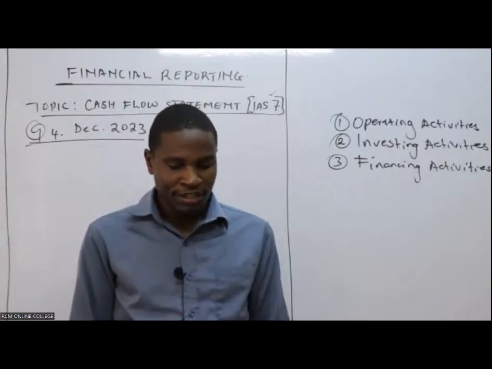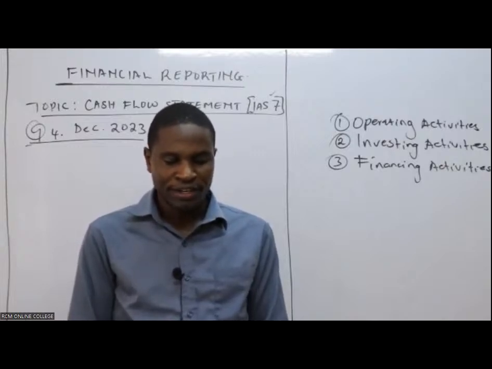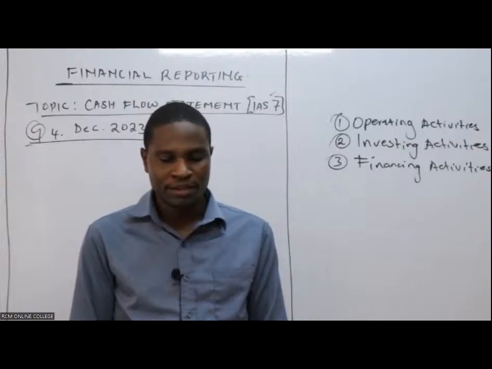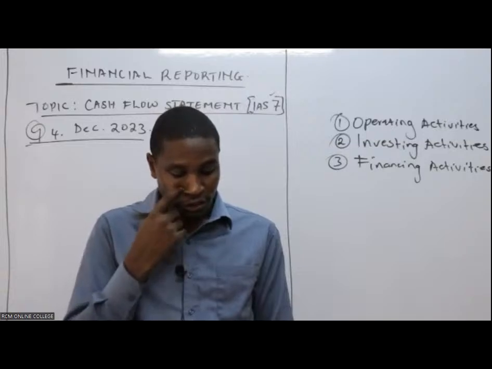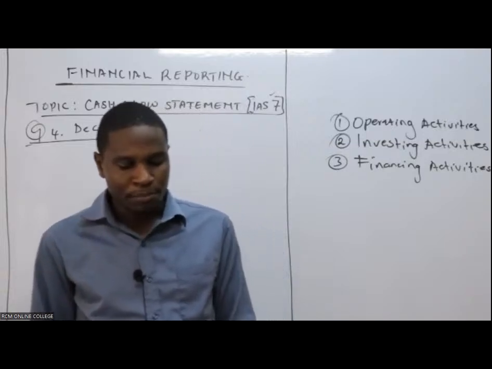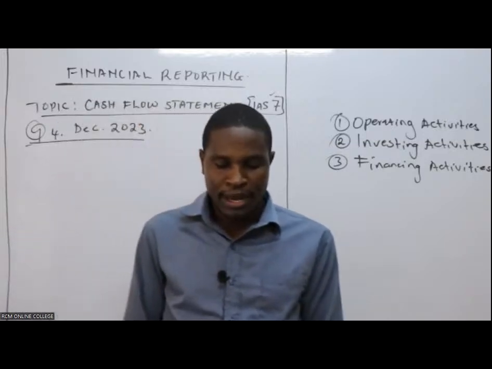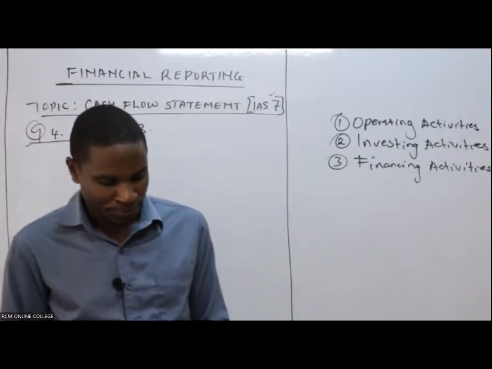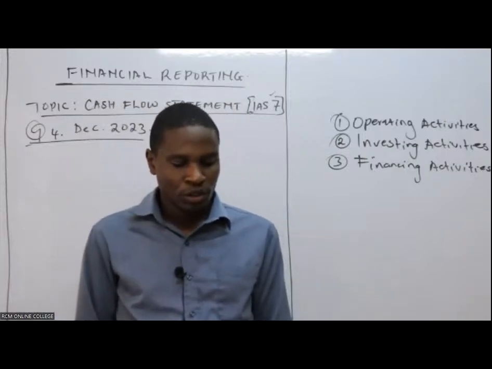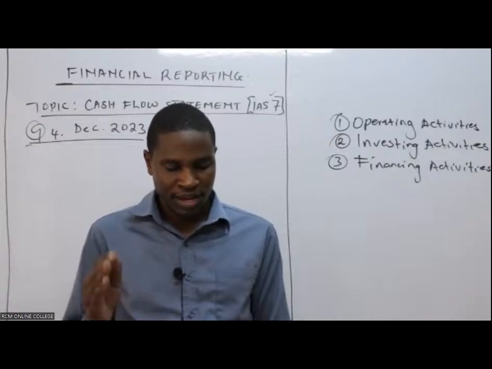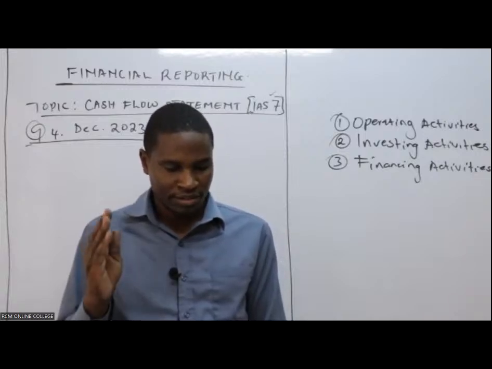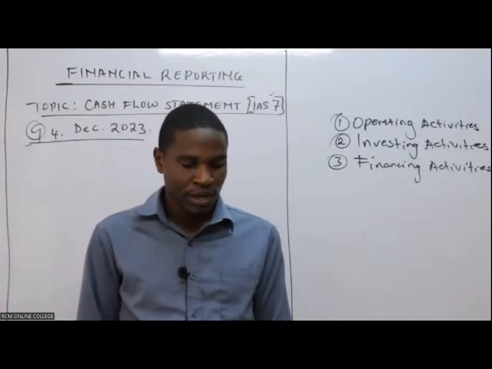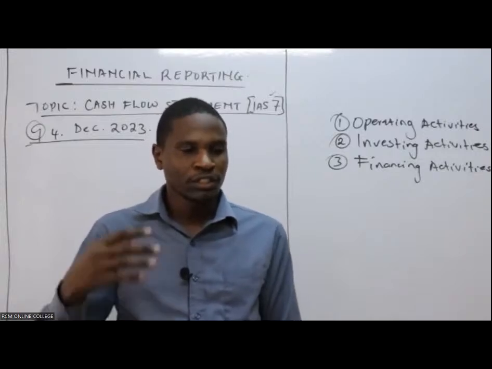Then we have been given the statement of comprehensive income as at that date. Additional information: the property, plant, and equipment was made up as follows: cost or valuation as at that date, accumulated depreciation as at that date. Good. Then we have the carrying amount, which is the same as what?